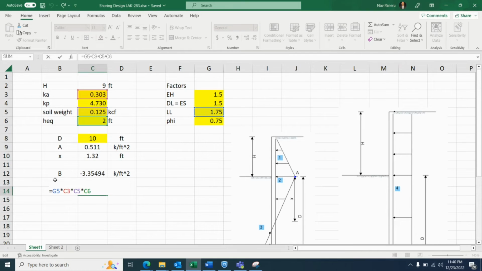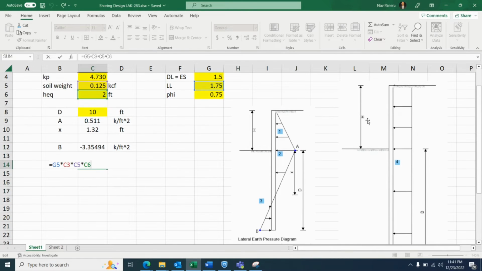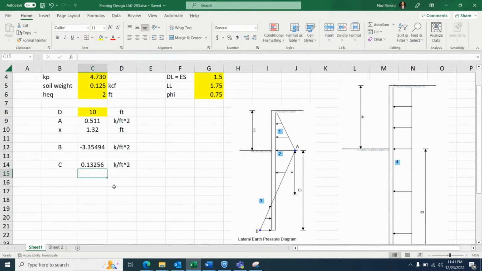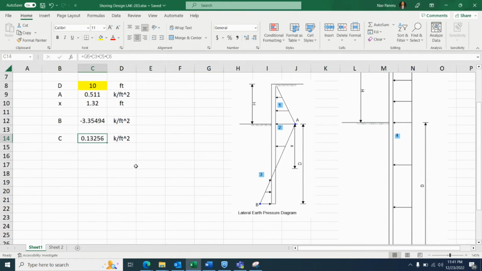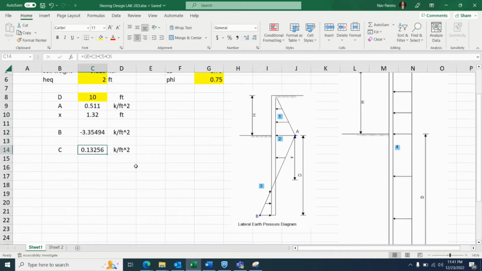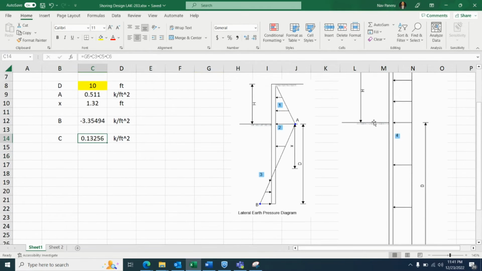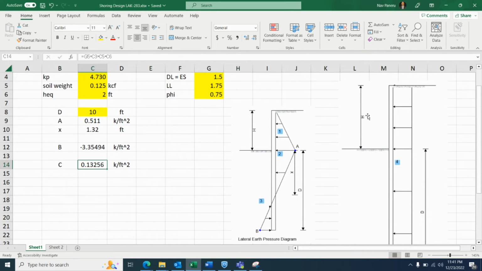C5 is Ka multiplied by gamma times C6, the equivalent height, which you will get from the AASHTO table using the depth of H plus D. So this is the value of C, in kip per square foot, and it's very important to understand that this load is distributed for the height of H plus D.